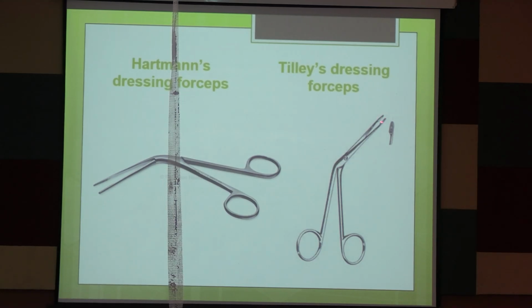Look at the front end. Can you see it? It's straight. No curvature is there in Tilly's. But in Hartmann there is a serrated end and a little bit wide end here. There is a tip here, a separable tip.